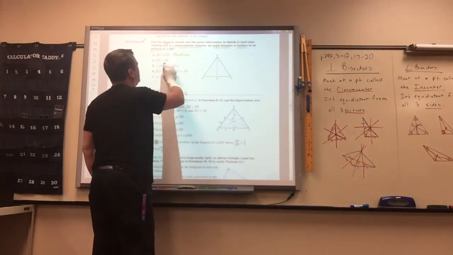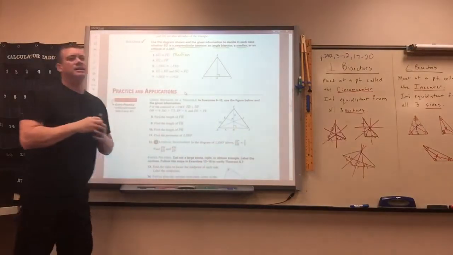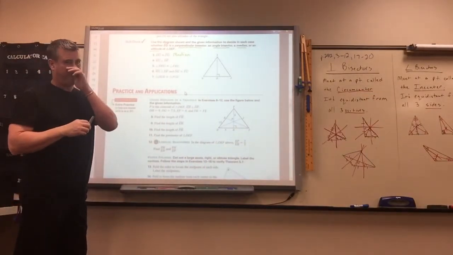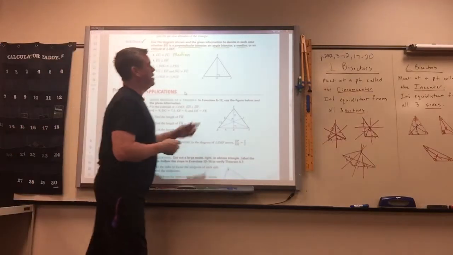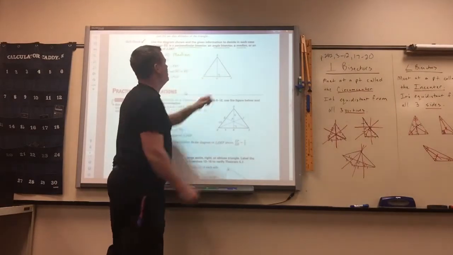So then here, EG is perpendicular to DF. Perpendicular bisector? Do we know it's bisected? No. Angle, no, median, no. Altitude. An altitude goes from the vertex to the other side, and it's perpendicular to the other side.